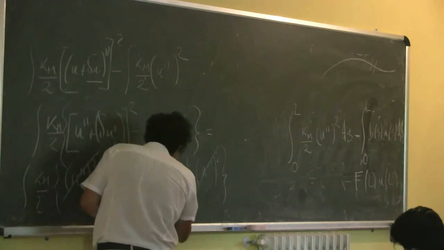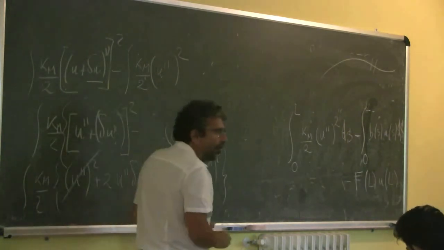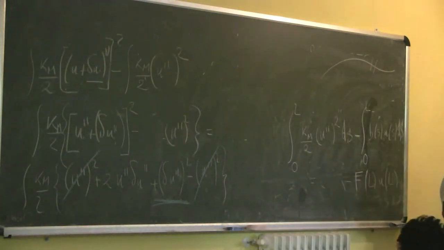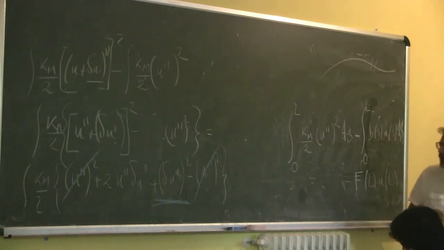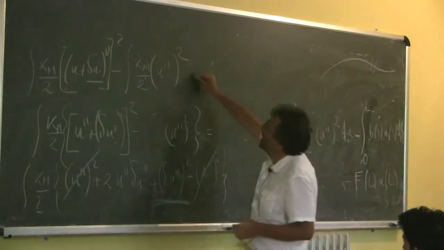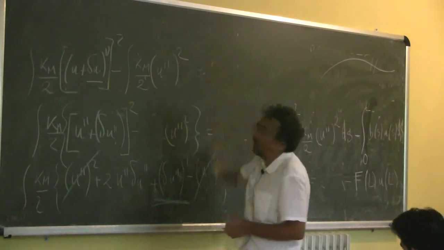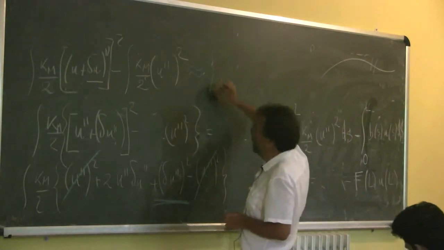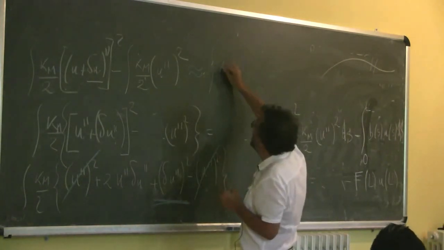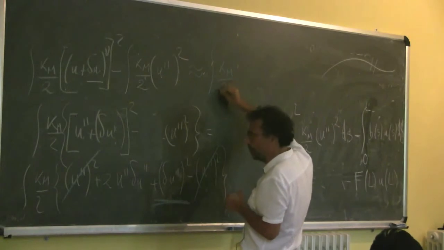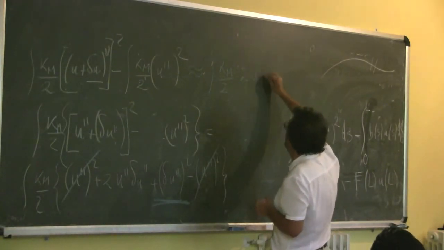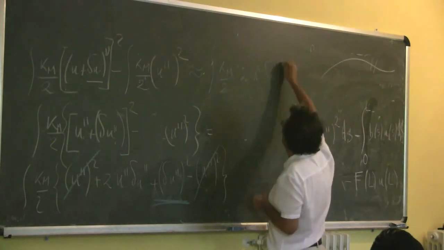This is the square of a small quantity, so it is negligible because we want a linearized expression for this. So this finite increment is equal to the integral of km over 2 times 2u second delta u second.